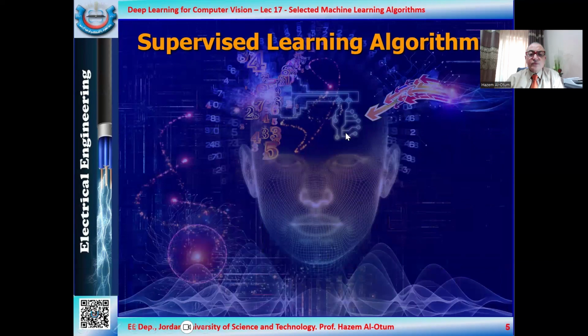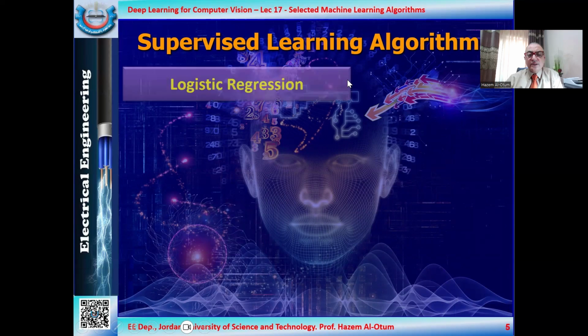Now, for supervised learning, the system has been trained with supervision, where the output is well known from the beginning, and we try to modify our weights and biases with respect to the inputs applied to it, with the output, let's say classes or maybe regression targets, known before we start our training.